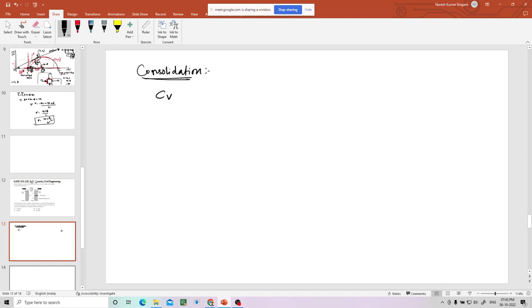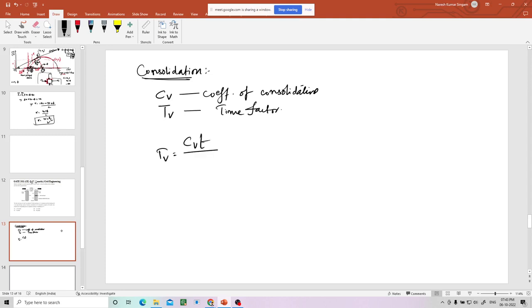One of them is CV, the coefficient of consolidation, and this is the time factor, TV, and TV is CV T by D square, where D is the drainage path, T is time, some particular time.